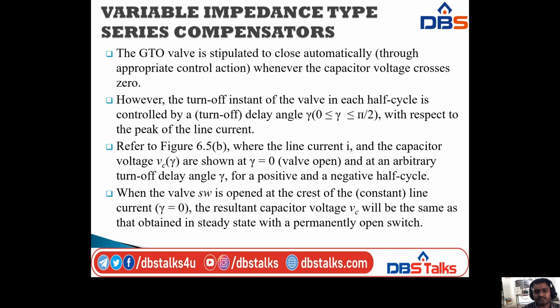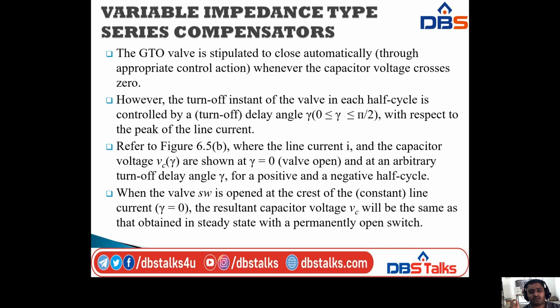The GTO valve is stipulated to close automatically whenever the capacitor voltage crosses 0. So when the switch is closed, the capacitor voltage VC is 0, and when the switch is open, the capacitor voltage is maximum.